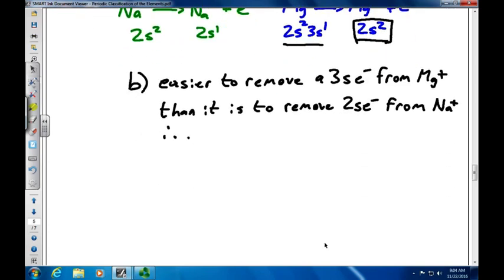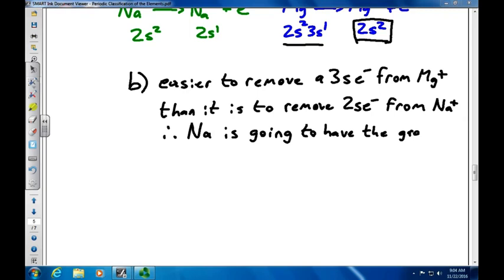Sodium is going to have the greater second ionization energy. Knowing these kinds of things, it kind of makes sense when you look at it.